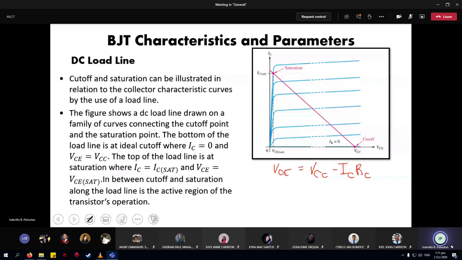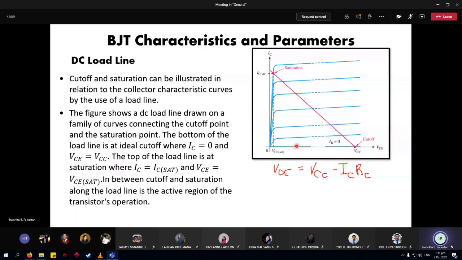Now, what you can do is set your IC. The bottom of the load line is at ideal cutoff, wherein IC is equal to 0. True enough, at this portion, IC equal to 0.